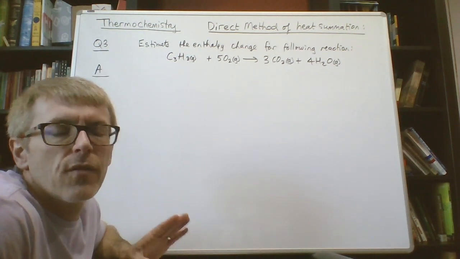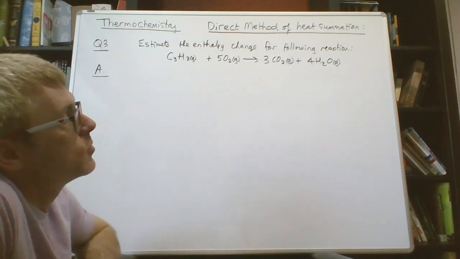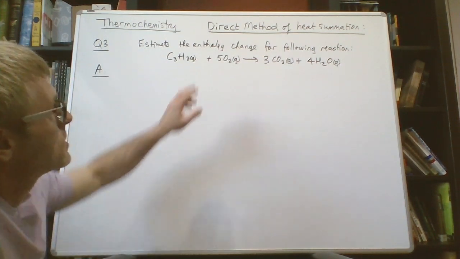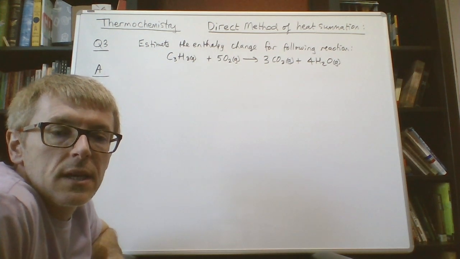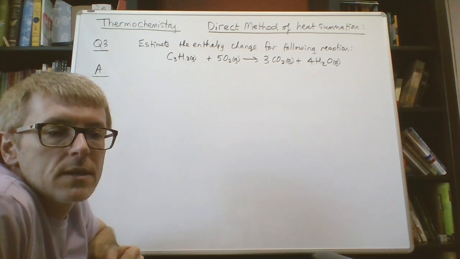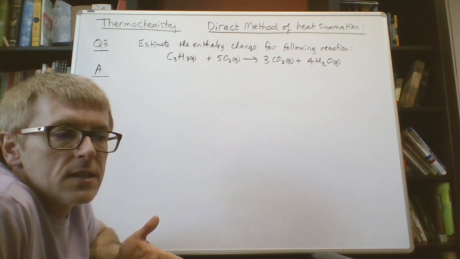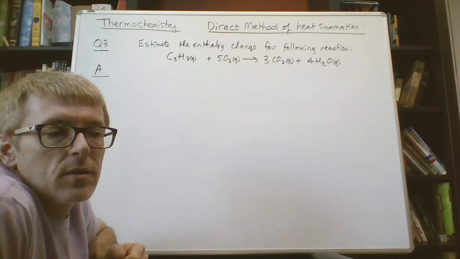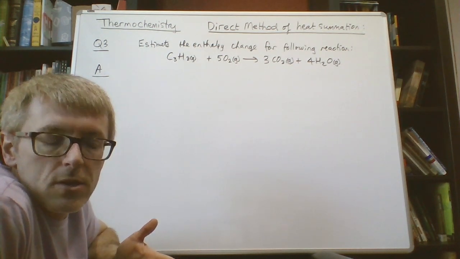Let's do it. Well, first of all, before we do it, let's think about why it might be important. So you set fire to propane and you want to see how much heat is given off, how much enthalpy is given off. That could be to quantify the use of this as a suitable fuel. Let's say you wanted propane to replace gasoline in an internal combustion engine.